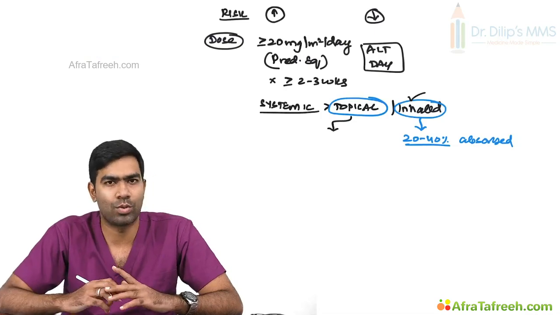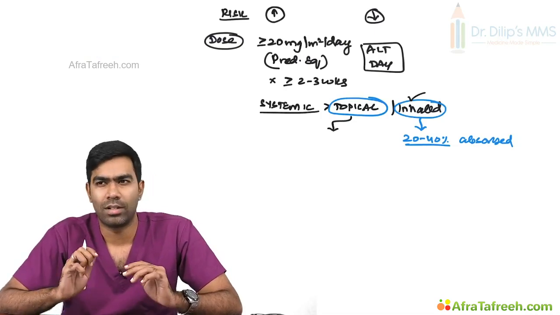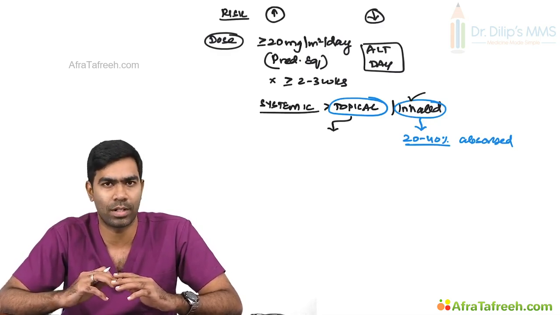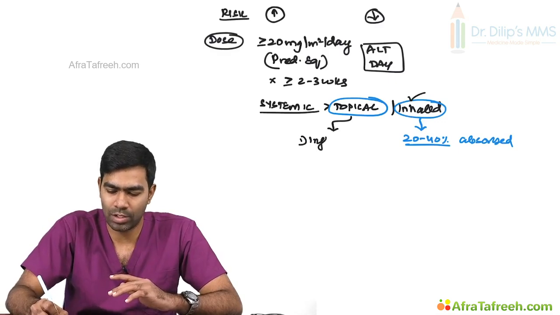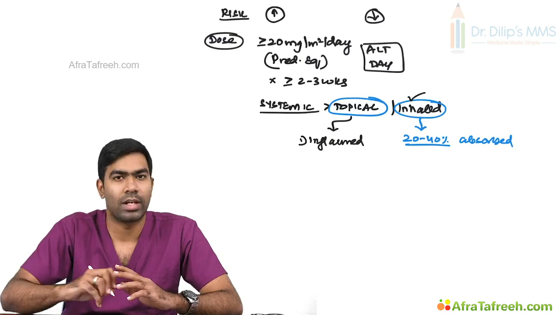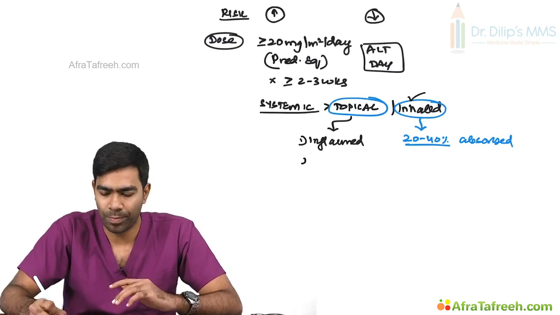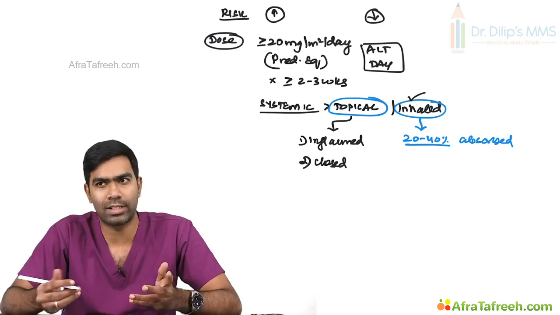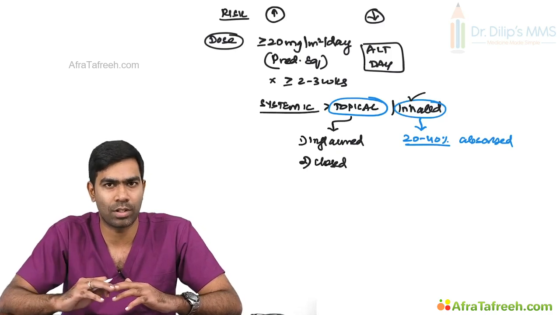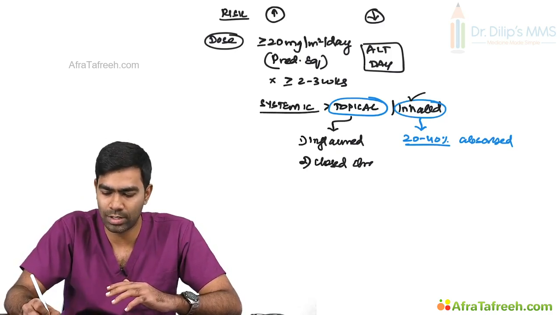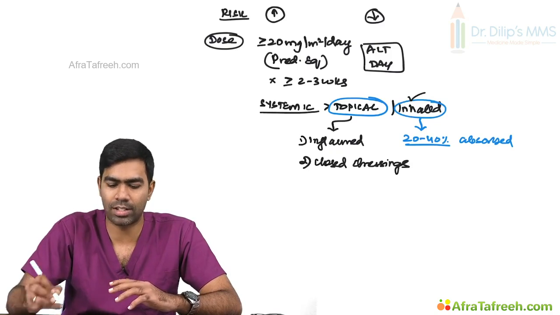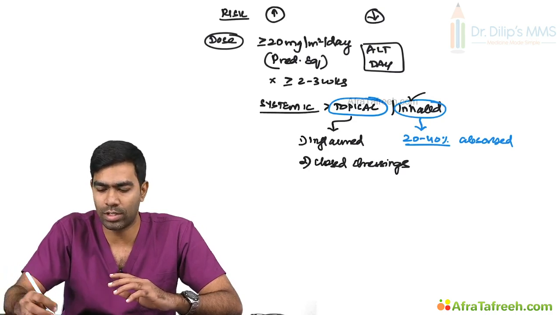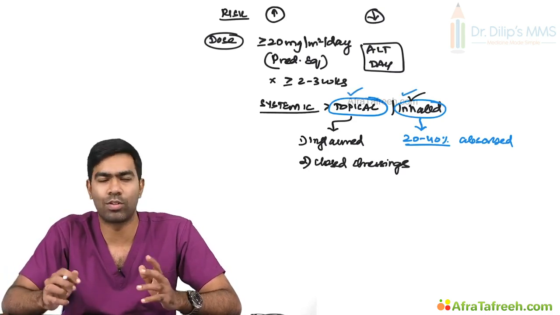Topical steroids can cause Cushing syndrome, and certain things increase that risk. One, if you apply topical steroids on inflamed areas, absorption will be more. Added to that, if you close the dressing after applying a steroid cream on the inflamed area, closed dressings further increase the risk of Cushing syndrome with topical steroids. So local steroids, topical and inhaled, can also cause Cushing syndrome.